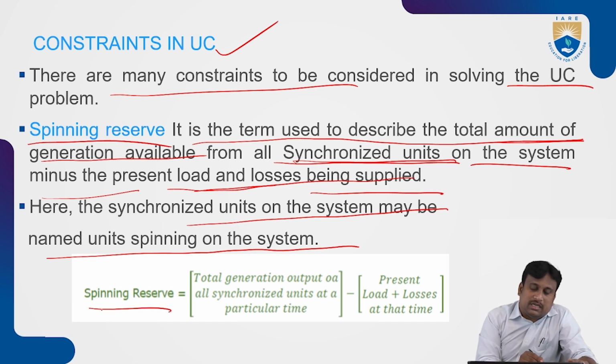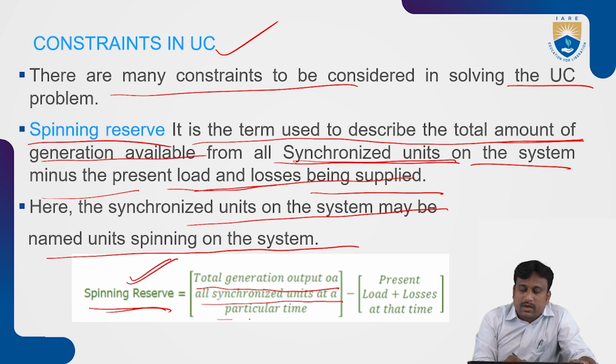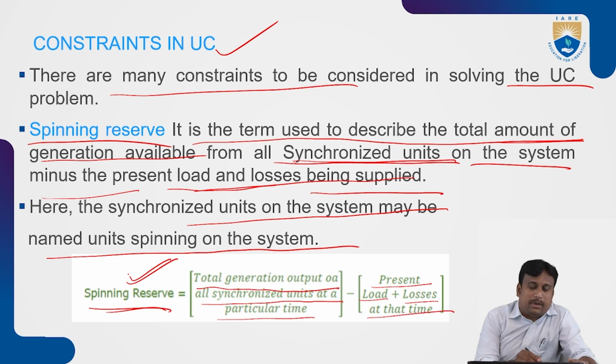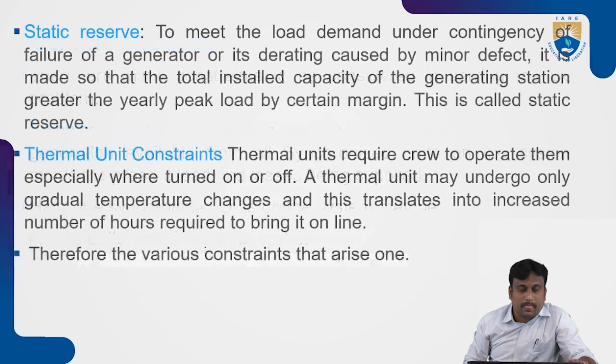So the spinning reserve is analyzed by the formula: total generation output of all synchronized units at a particular time minus the present load plus losses at that given time. Likewise the spinning reserve is determined.